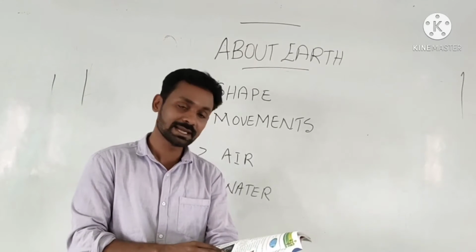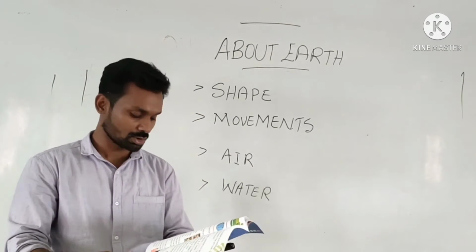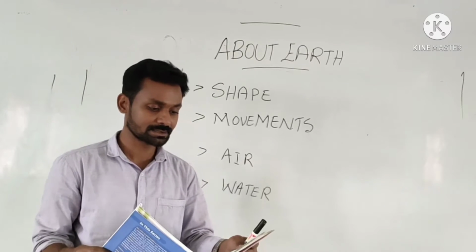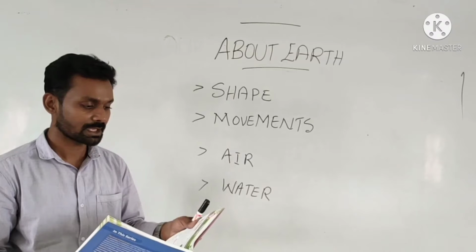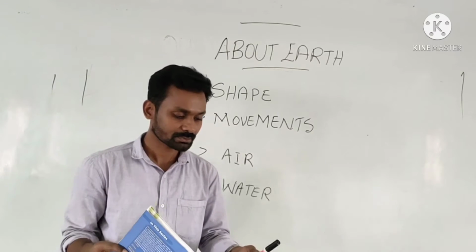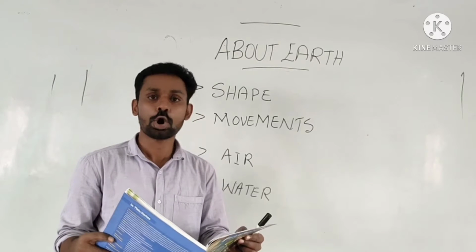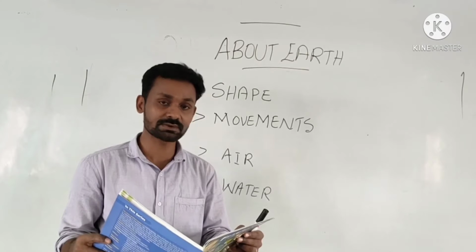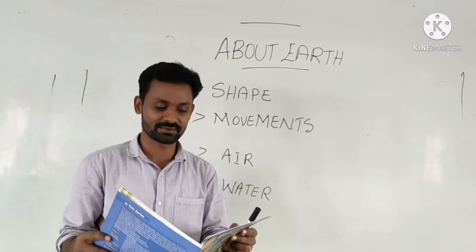Okay? Kindly take page number 16 in your Social Studies textbook, chapter two. The chapter name is About the Earth. The Earth is our home. It is the only known planet in our solar system which supports life.